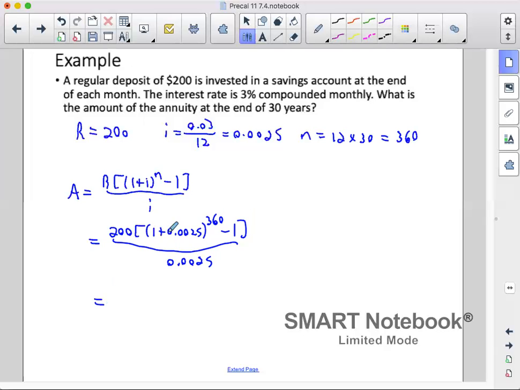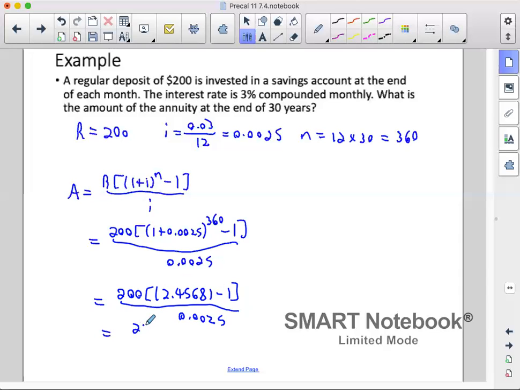So first thing I would do is add these together and go to the power of 360. So that's going to give me 200 times 2.4568 minus 1 over 0.0025. Next, we calculate this row, so I would subtract the 1, multiply by 200.